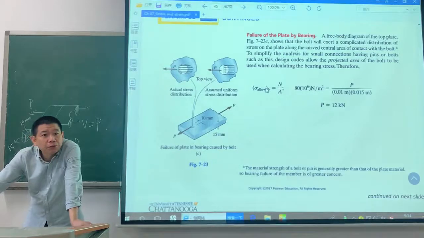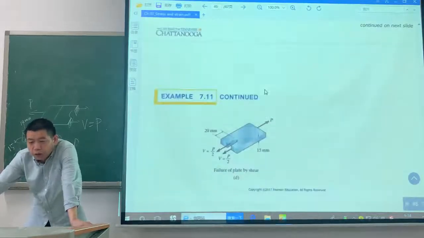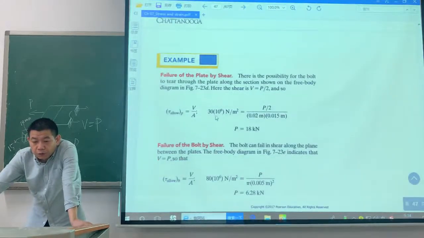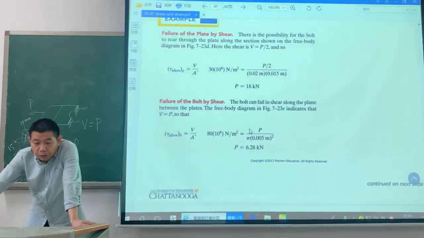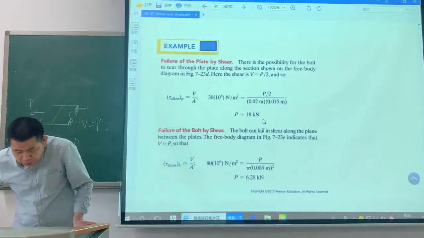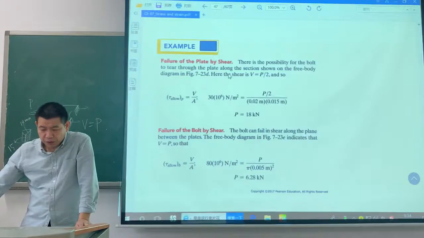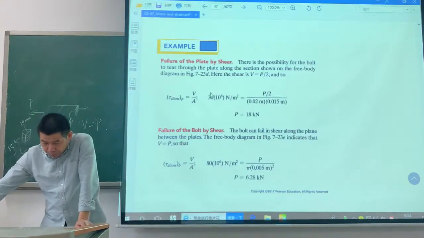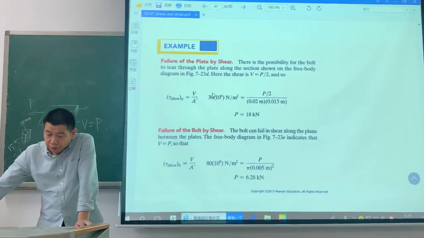Because of the bearing stress, if P is more than 18 kilonewton, it is more than a local stress of pillar by shear stress.